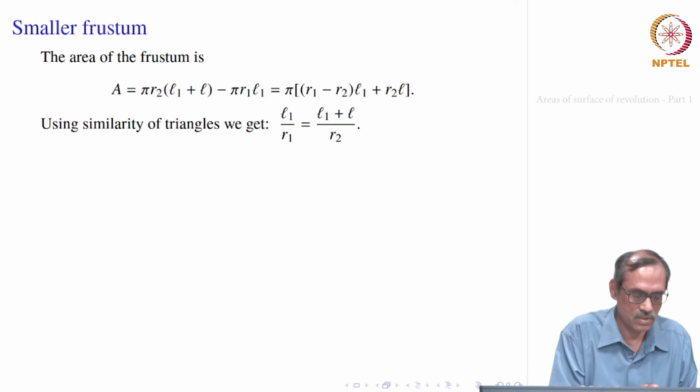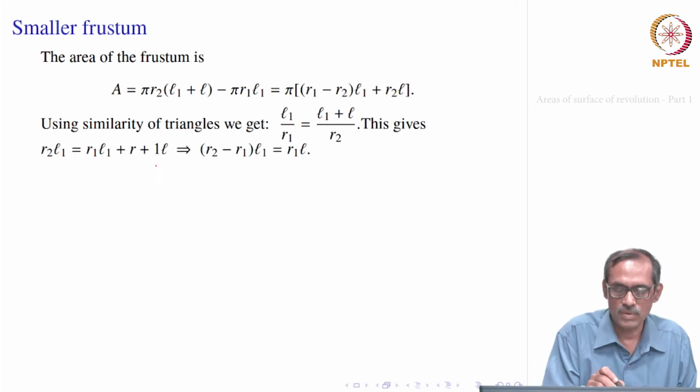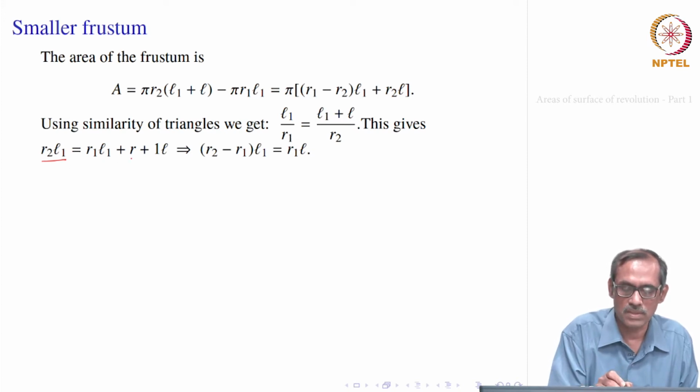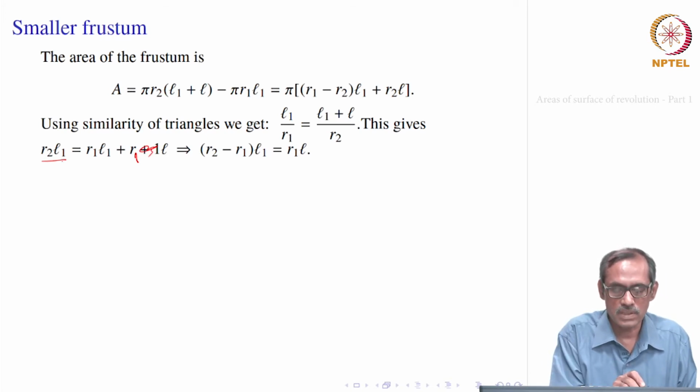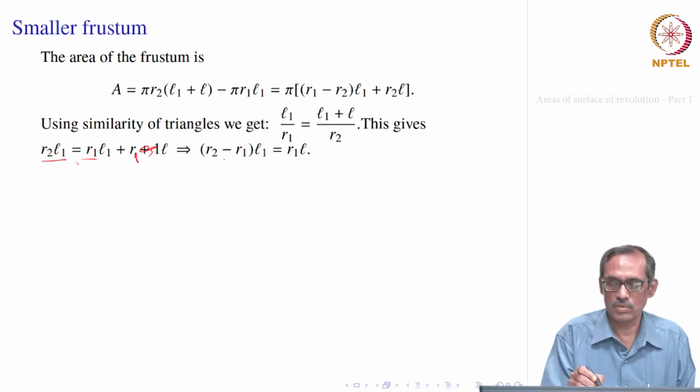With this relation, if you multiply, R2 L1 equals R1 times (L1 plus L), that is R1 L1 plus R1 L. So, now from this you get (R2 minus R1) times L1, taking this one to the left side, equal to R1 times L. So, this is the relation we get between L1, L and R1, R2.